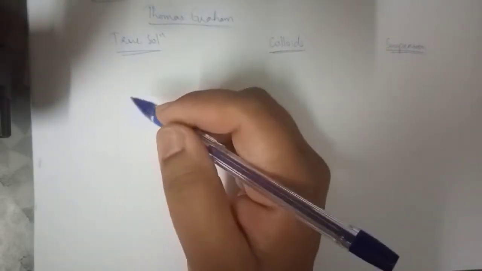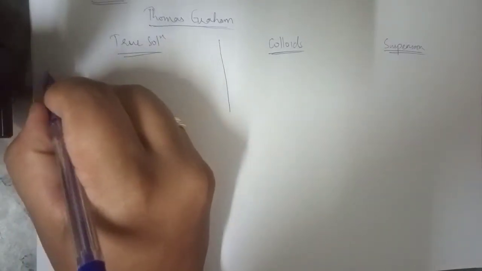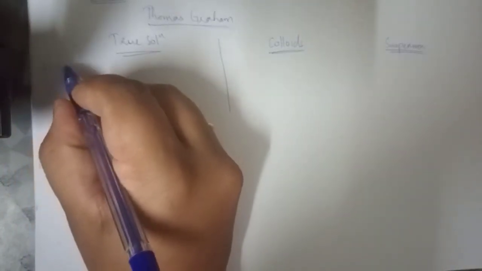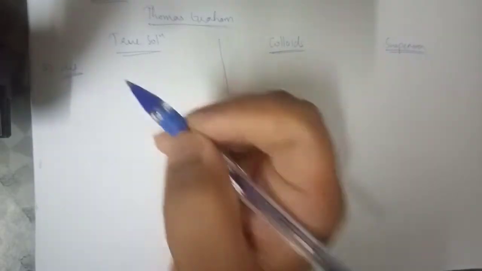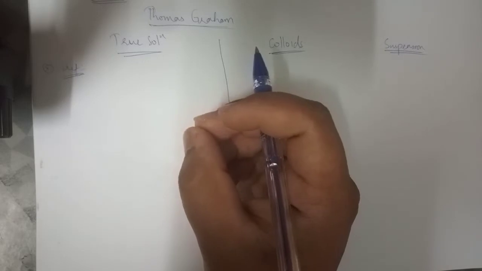Okay, so to differentiate, let me write it point wise. That is, first, the definition part. What is a true solution? A true solution is that the ability of the molecule to pass through a membrane.